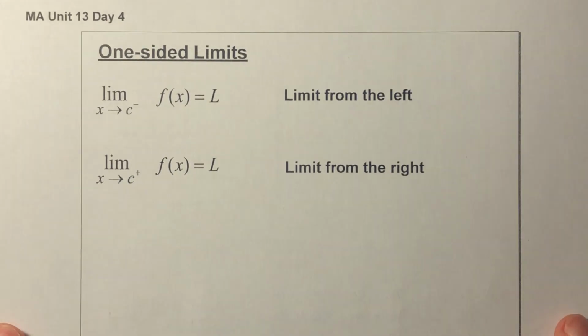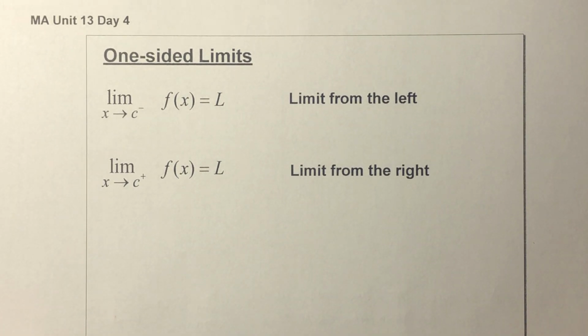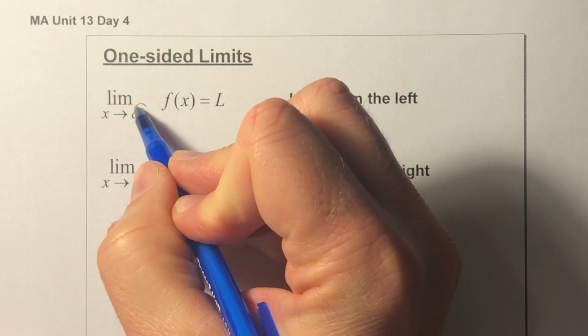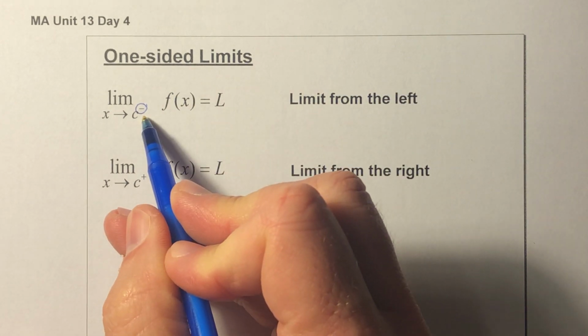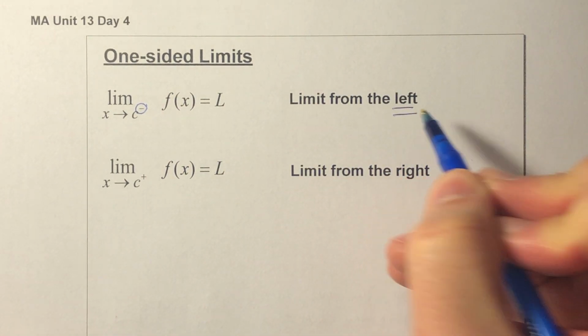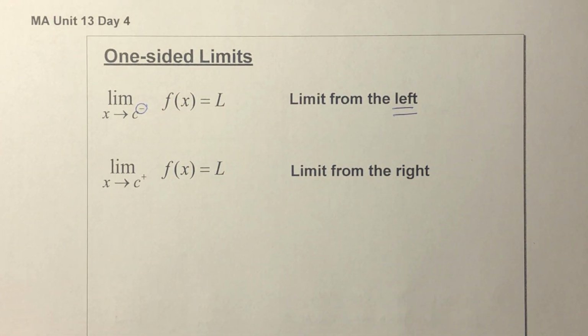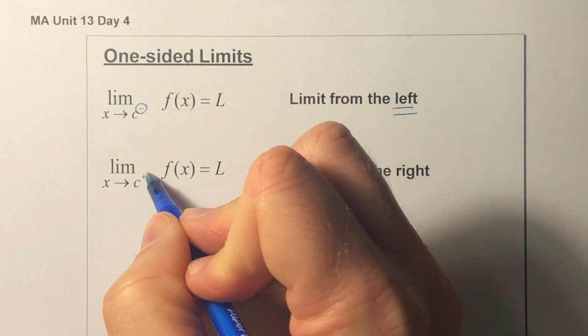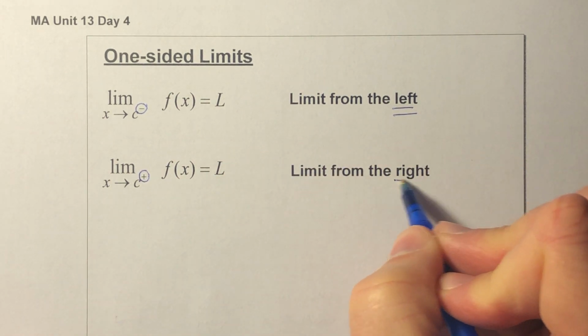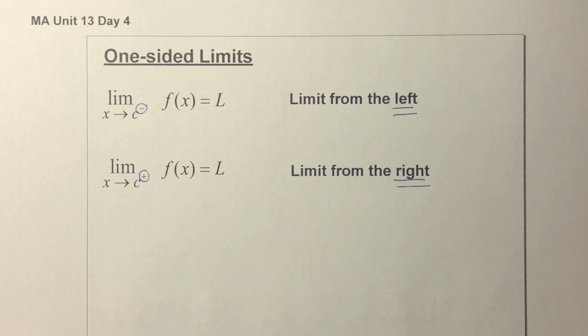Okay. Now last video we talked about limits coming from both sides. Now we're going to look at one-sided limits. So you got to kind of look at this guy here. So when that is negative, that means you're coming from the left. What's the limit coming from the left? When this guy is positive, what's the limit coming from the right?